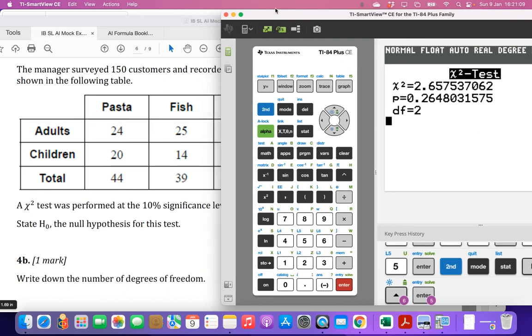So write down chi-squared 2.66 and p-value 0.265. And again, I want to show that I used the TI-84 and did it that way. But I'm not going to take the time for that right now on my workings.